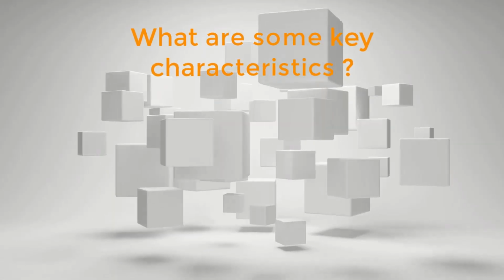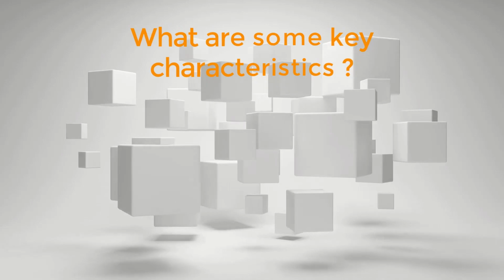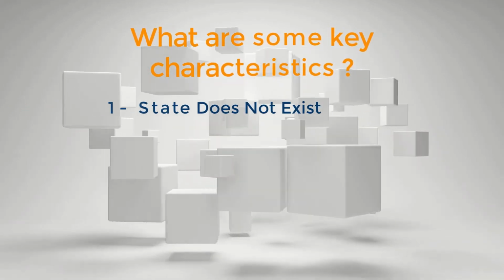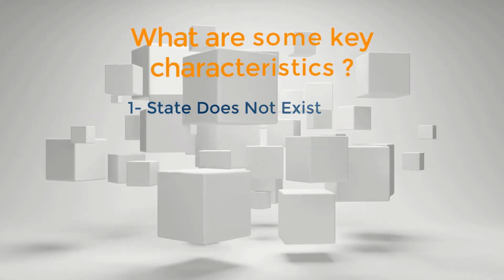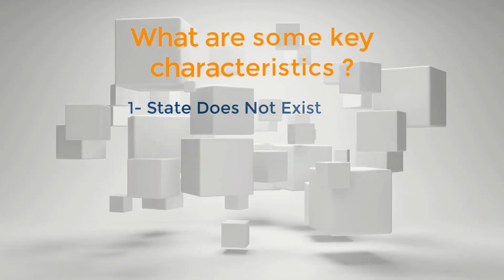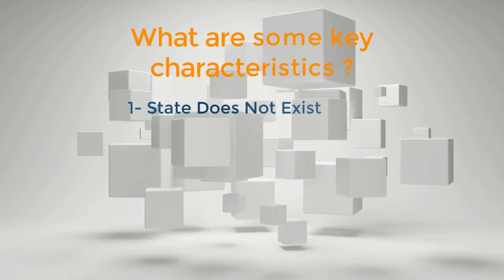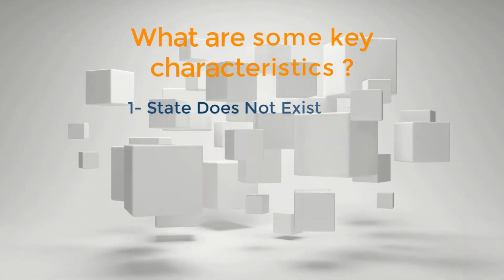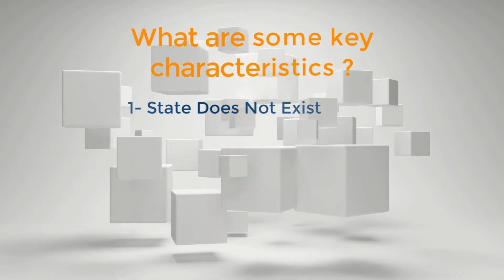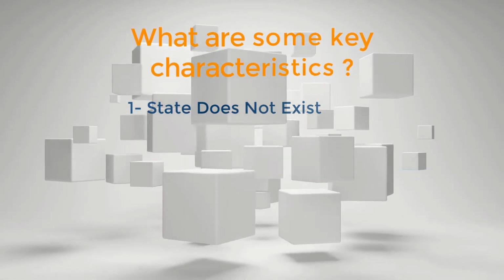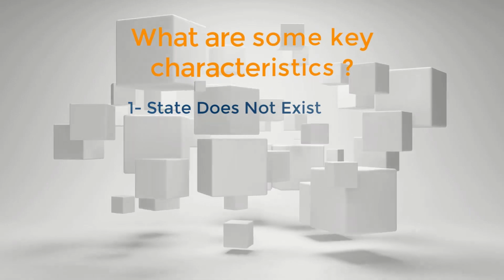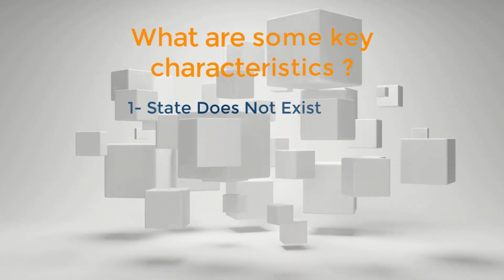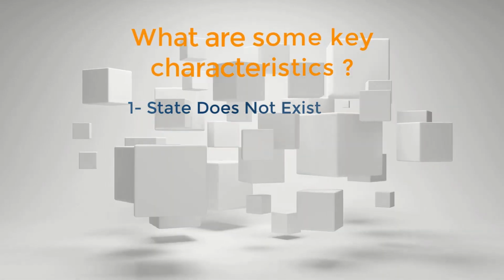What are some key characteristics of functional programming? First, state does not exist. Functional programming thrives on immutability of its variables. A lot of the flexibility in execution of statements is achieved if the variables are known to not change state in advance.